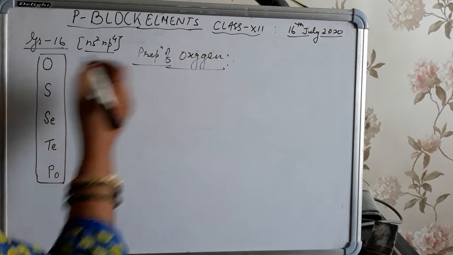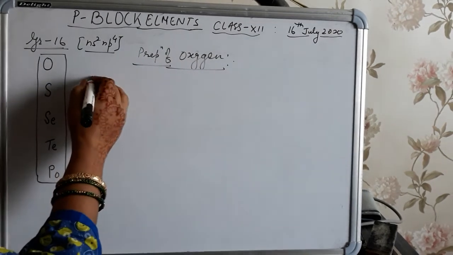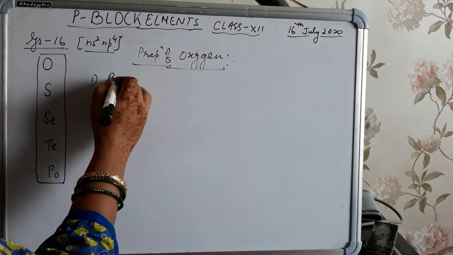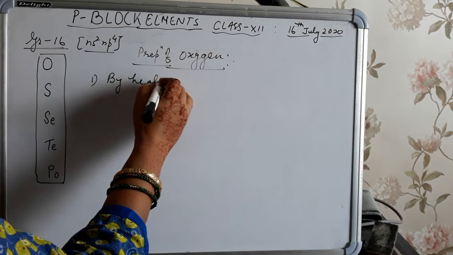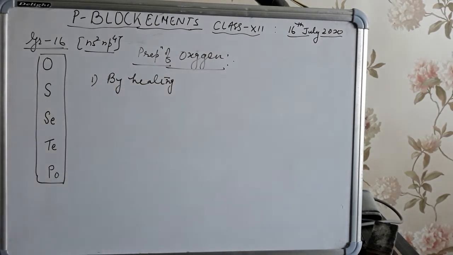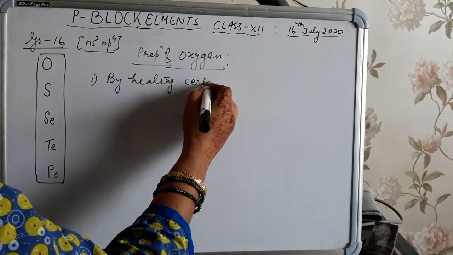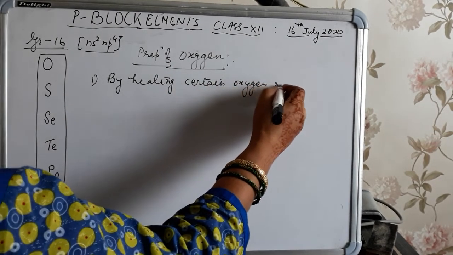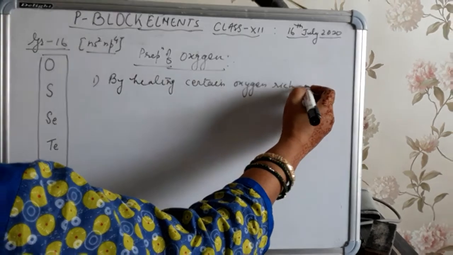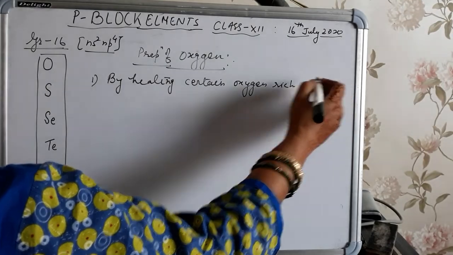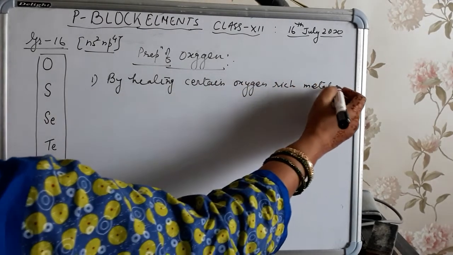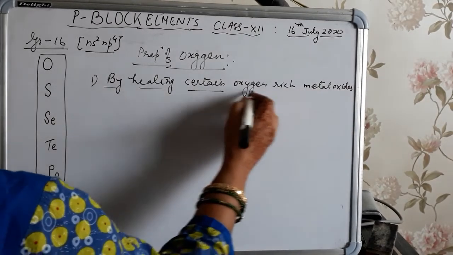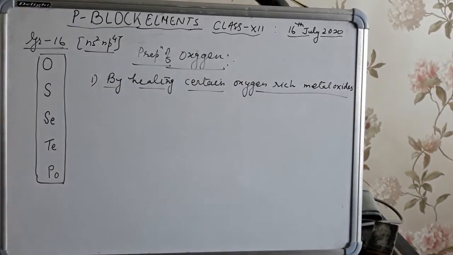Preparation of oxygen: at first, we use heating of certain oxygen rich metal oxides.